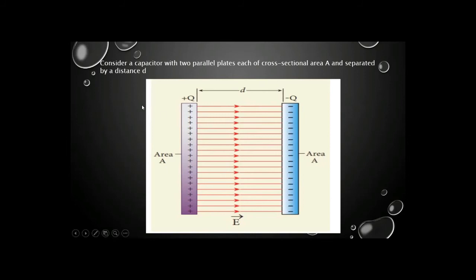But if we place these two plates very close to each other, we have a strong electric field between them, and that will increase the capacity of a capacitor to hold the charge for a greater time. Okay, so take a screenshot of this slide and we will move toward the next one.